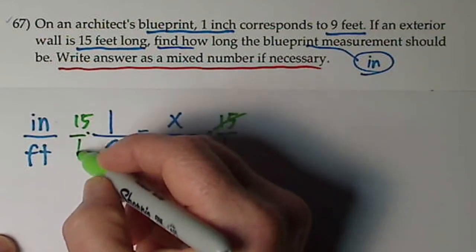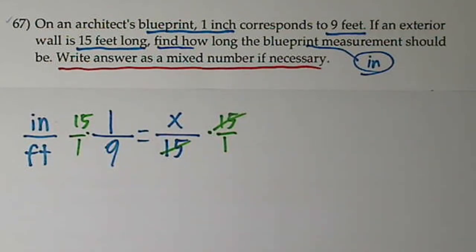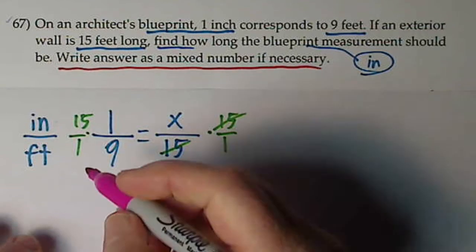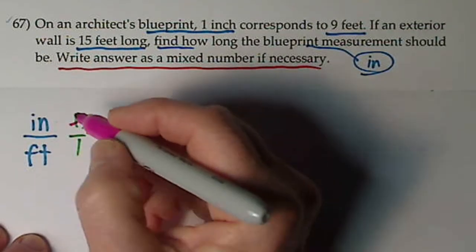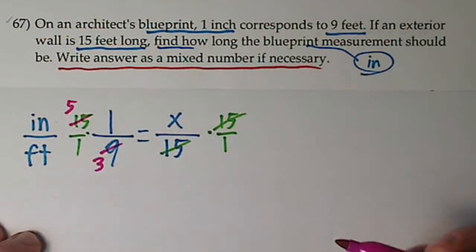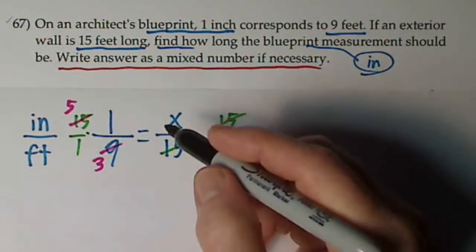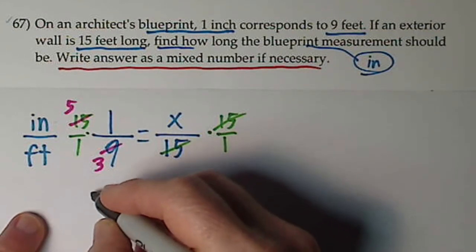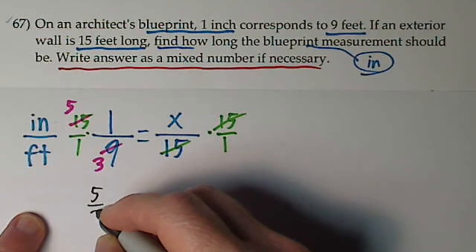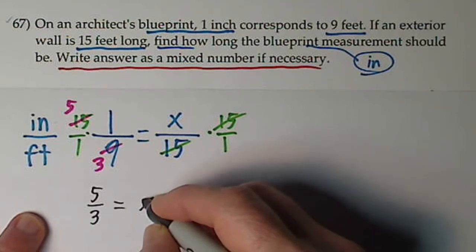If you want to think of it as 15 over 1, that's fine. And we can reduce a little bit. 3 goes into 9 3 times. 3 goes into 15 5 times. And what do we have left standing here? X is equal to 5/3.